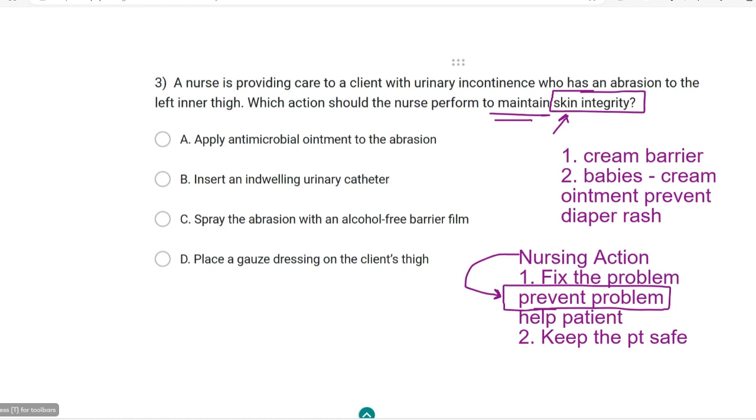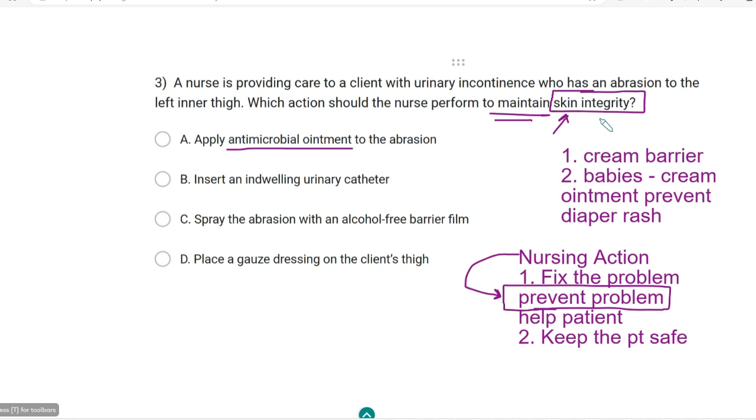All right. Now you go through your options and you use your process of elimination based upon what you know. Okay. Apply antimicrobial ointment. Well, antimicrobial ointment is for preventing or treating an infection. Just like I have this antimicrobial ear drop. It is treating the infection in my ear. So they don't mention that this patient has an infection.